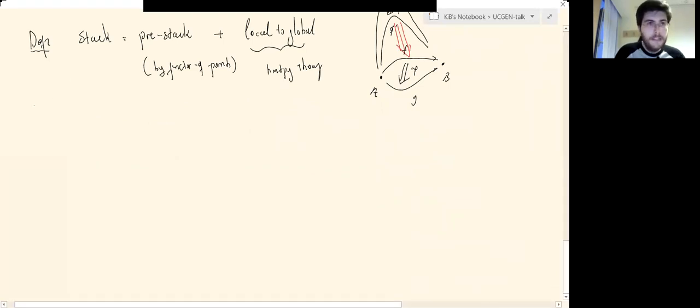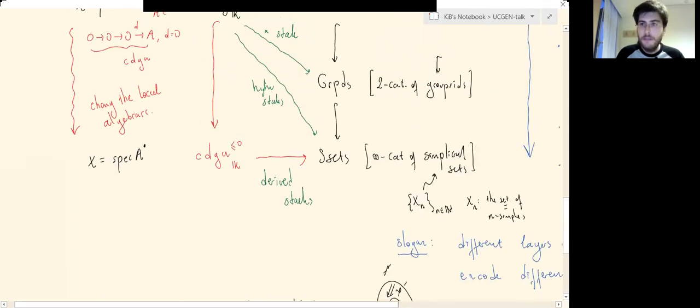Maybe a final remark for this section. The remark is another way of interpreting the above diagram: the points of a scheme. Remember this diagram.